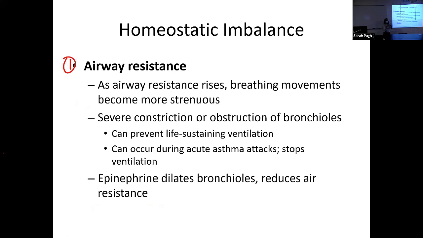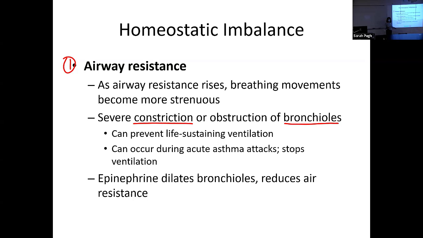So again, this is anything that's obstructing airflow into your lungs. As resistance goes up, your breathing movements become much more strenuous. To inhale, you're going to use a lot of extra intercostal muscles and accessory muscles, like the muscles in the neck and the pectoralis minor and major muscles. Anytime you have a severe constriction or obstruction in the bronchioles, this can prevent you from getting enough oxygen down into your lungs.